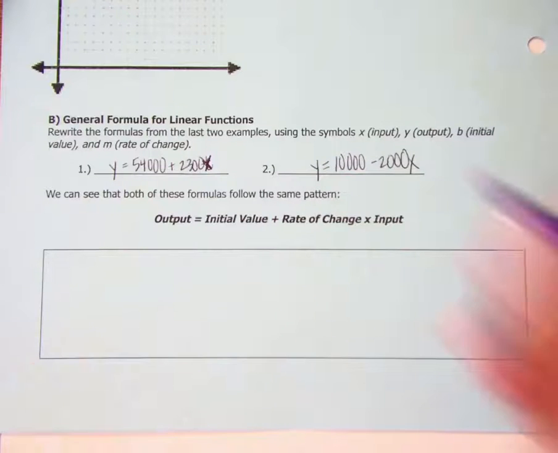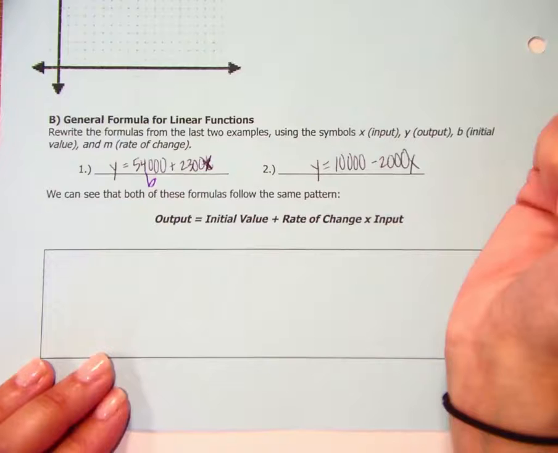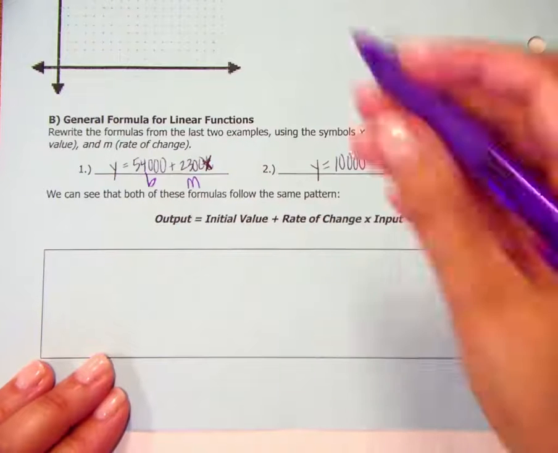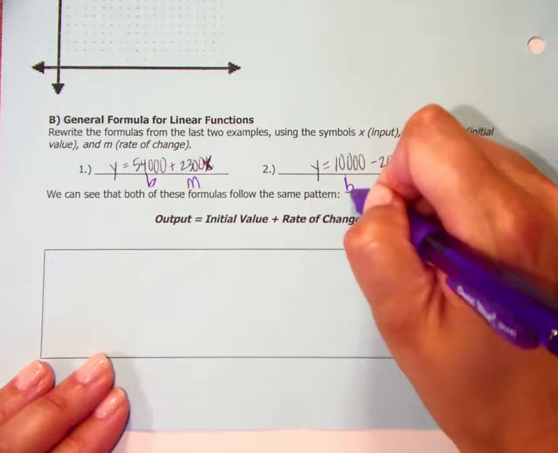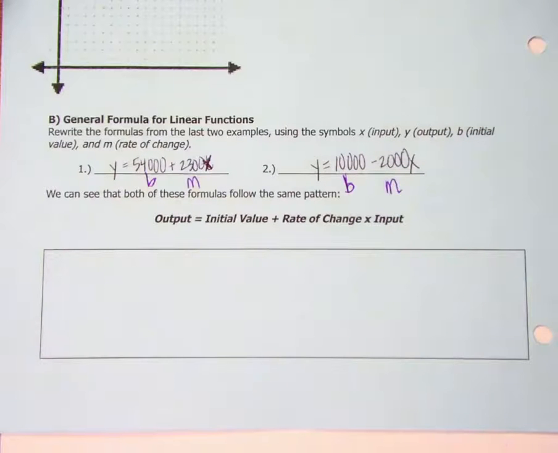We can see our value of B in that first one would be the 54,000. Our value of M would be the 2,300. Similar thing over here. Value of B is 10,000, and then M would be negative 2,000 in the second one.